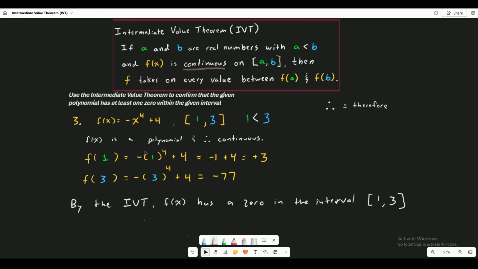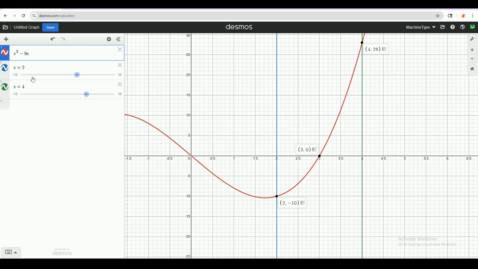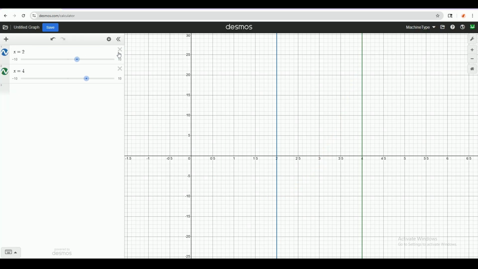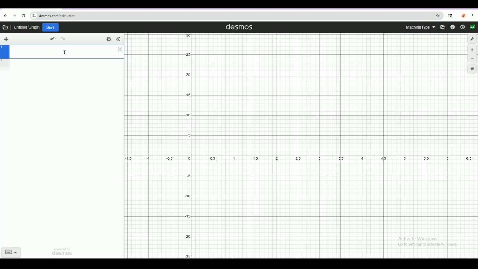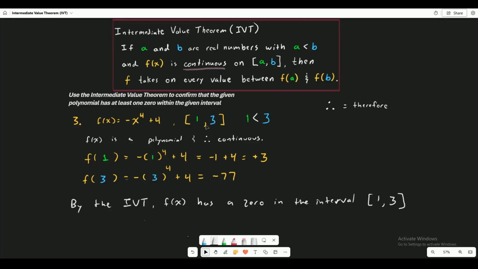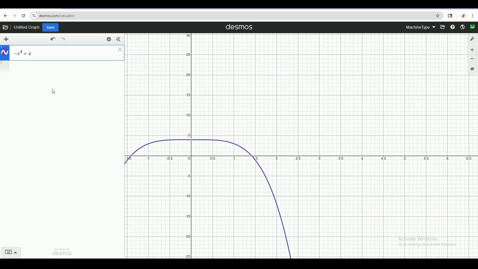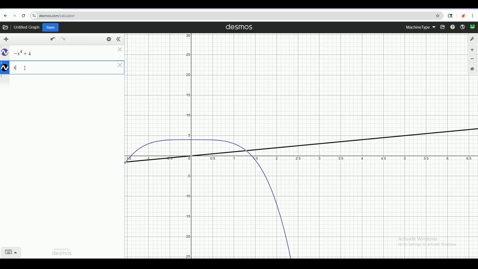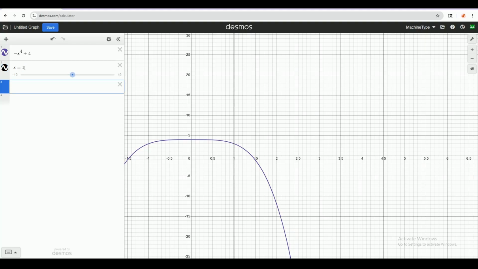Let's graph it. Negative x to the 4th plus 4. And what was our interval? It was from 1 to 3. We got big numbers, all right? So we're going to go from x equals 1 to x equals 3.